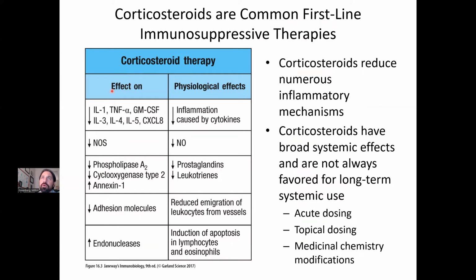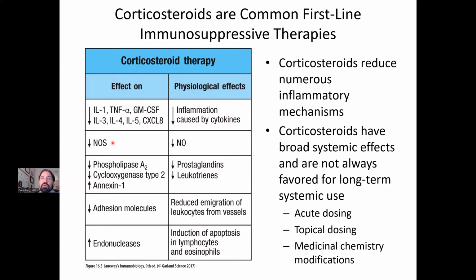These corticosteroids have great effects on shutting down cytokines, including interleukins, tumor necrosis factors, granulocyte monocyte colony stimulating factors, and chemokines. By blocking that, there's going to be a reduction in inflammation caused by the cytokines.